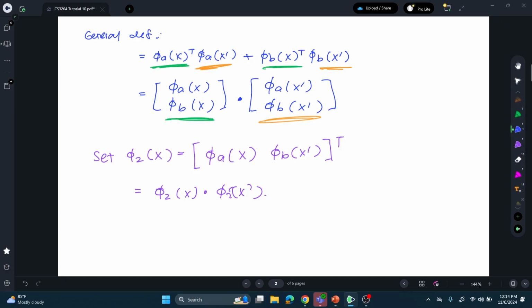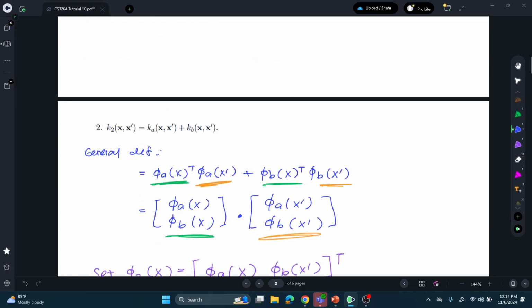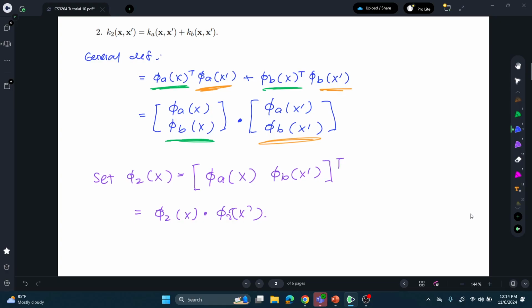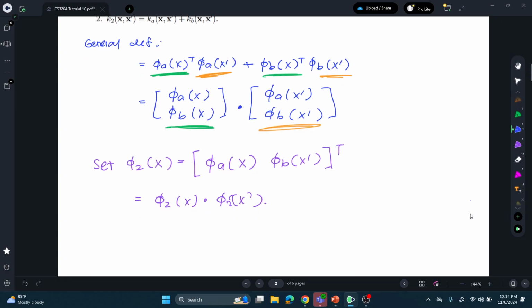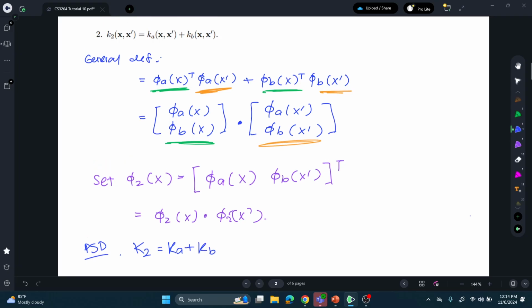I will show you the second way of doing this. Because this is actually an addition, the kernel matrix itself is quite easy to construct. Here we will try to prove this by showing that the kernel matrix is positive semi-definite. So let's take capital K2, our kernel matrix, equal to the sum of the two kernel matrices, Ka and Kb, because this is just the sum of kernels.